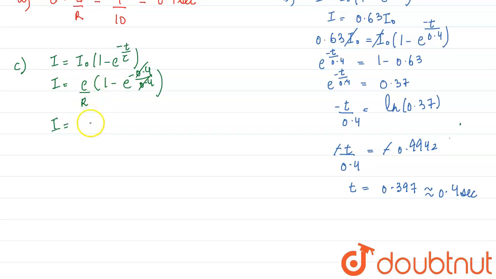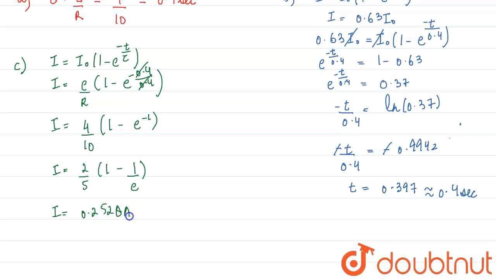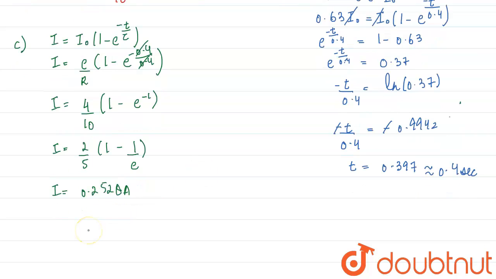So E here is voltage, that is 4 volts, divided by resistance 10, times 1 minus e to the power minus 1. From here we get I is equal to 2 by 5 times 1 minus 1 by e. After solving this, we get I is equal to 0.2528 amperes.